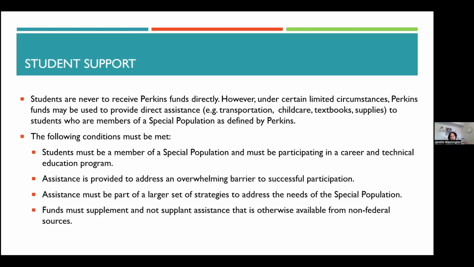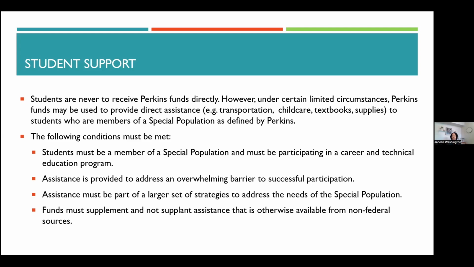And so some of those include the direct student support includes like transportation assistance, childcare assistance, textbook or supply loans. So like, maybe a toolkit or a laptop, things like that. And so a lot of the colleges will have like a lending library where students can borrow, like I said, laptops, calculators, any supplies or materials that they might need.